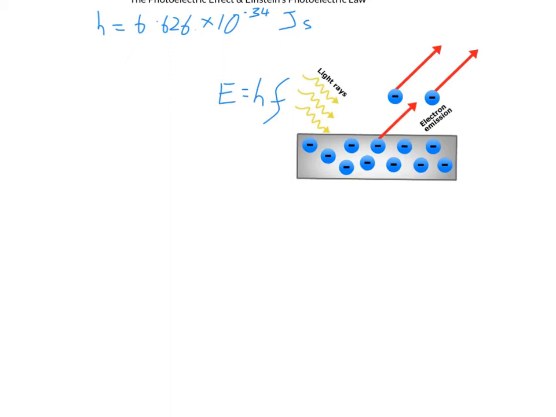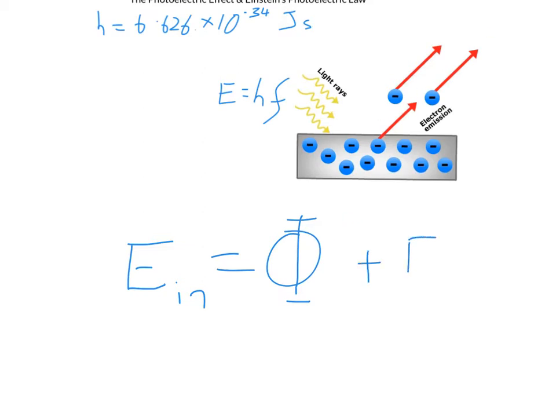So if we want to represent this mathematically, we would say that the energy that's being brought into the electron is going to equal the work function. So a certain amount of that energy is going to be used to release the electrons, and then anything else that's left over is going to be added to the electron as kinetic energy.